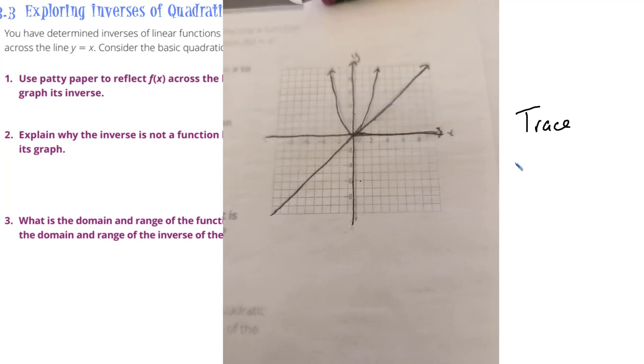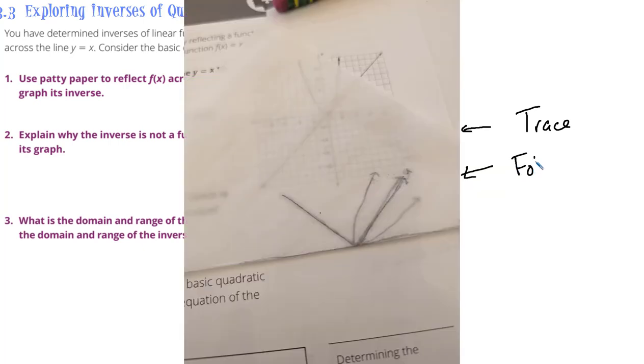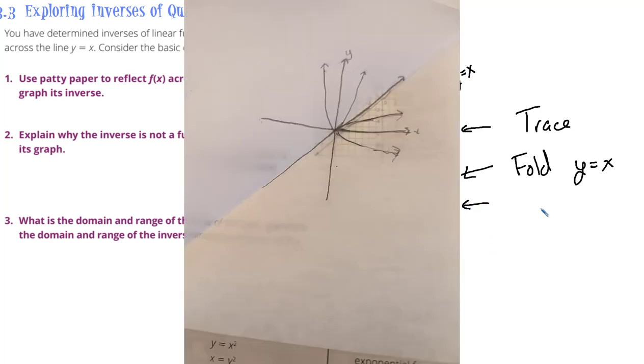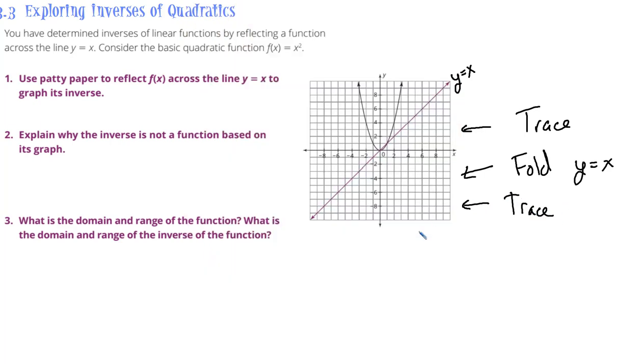Now fold over the line y equals x, which is this line here, and then trace the image. You should have ended up with your graph looking something like this.